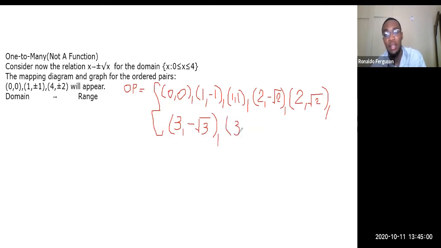So we get 3, comma, positive root 3. Then finally, when we put x as 4, we're going to get minus the square root of 4, which is negative 2. And so we get 4, negative 2. And then when we put in plus the square root of 4, we're getting positive 2. So we get 4, comma, positive 2.